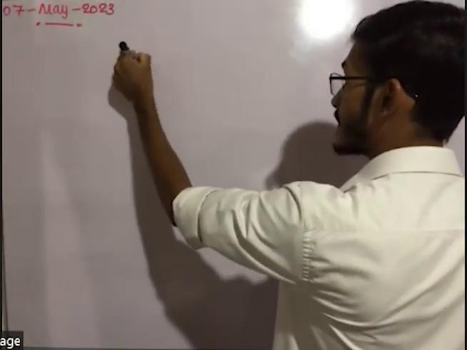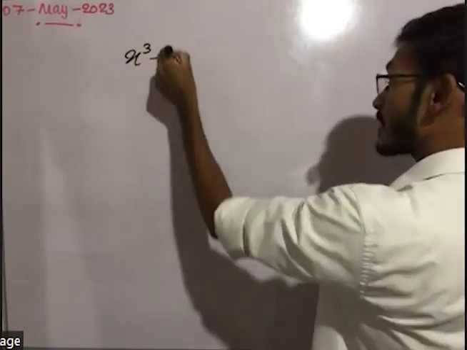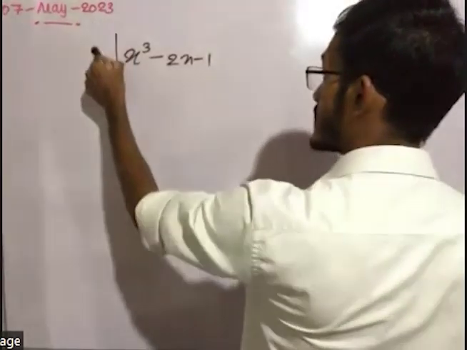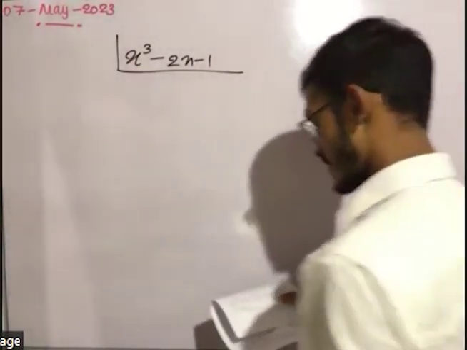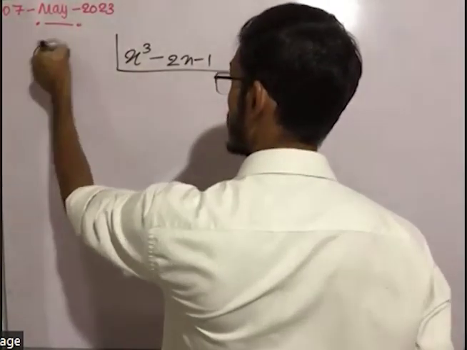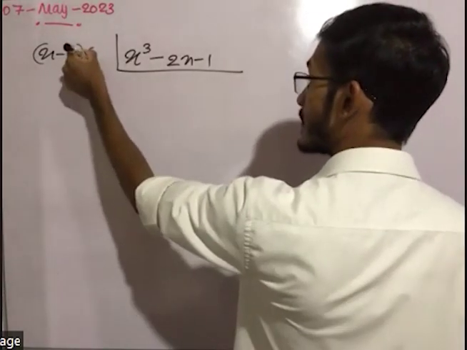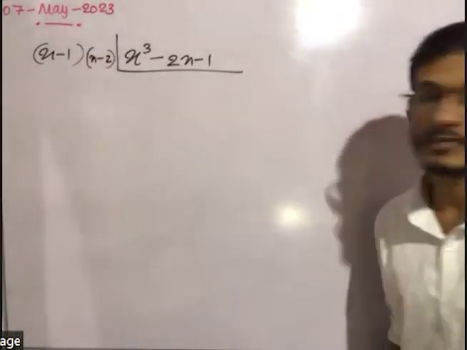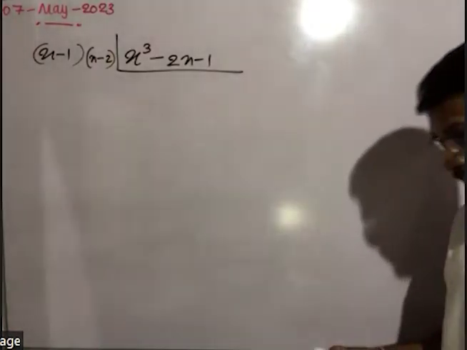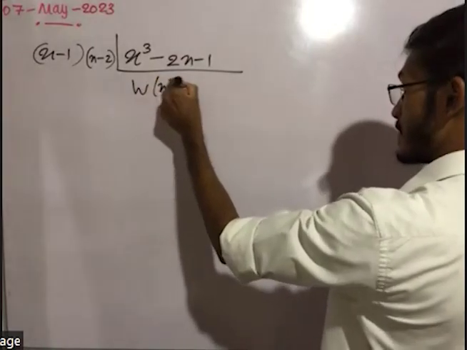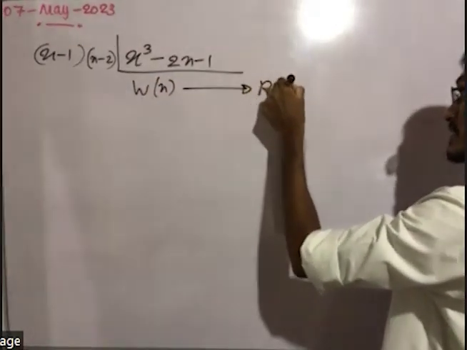X to the power 3 minus 2x minus 1. This polynomial function is divided by x minus 1 into x minus 2. I will take the quotient as Wx and the remainder as Rx.